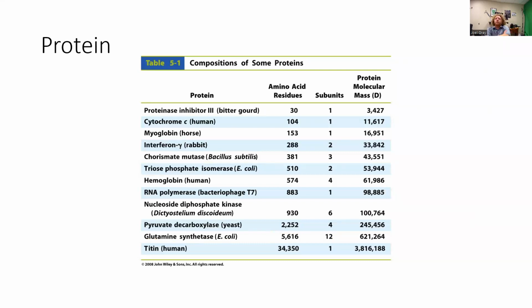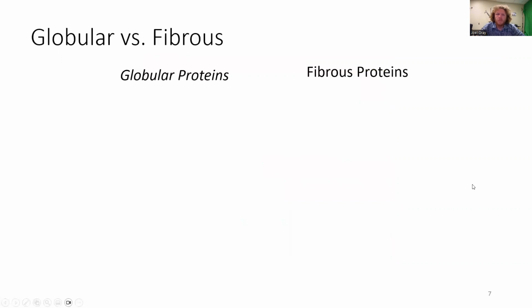They're composed of multiple subunits in different ways. And the overall molecular weight of those proteins is going to vary considerably. But these are just some examples. Now, when we talk about proteins and the shapes that they form, and this is kind of an offshoot of the tertiary and quaternary structure discussion, proteins will be categorized as either globular or fibrous proteins.